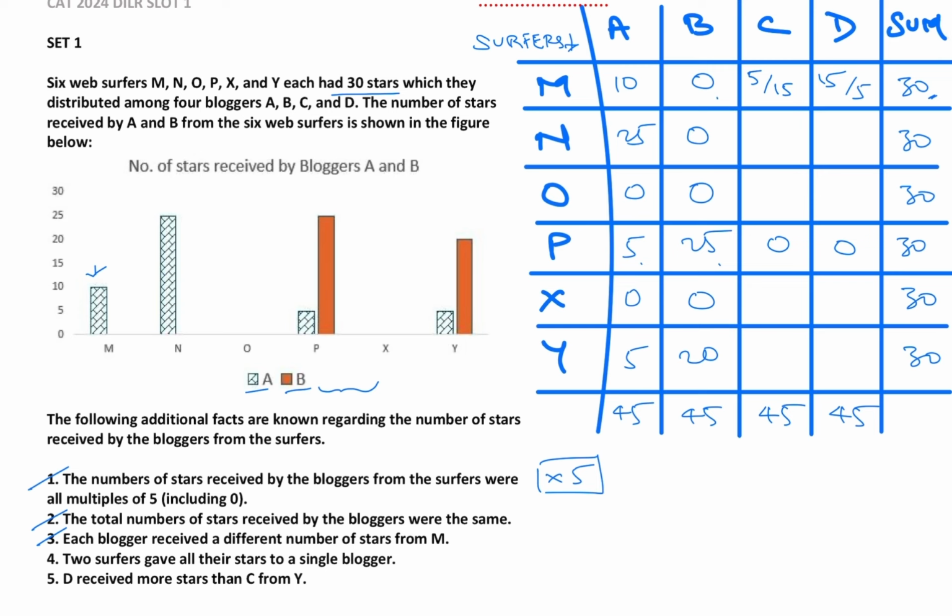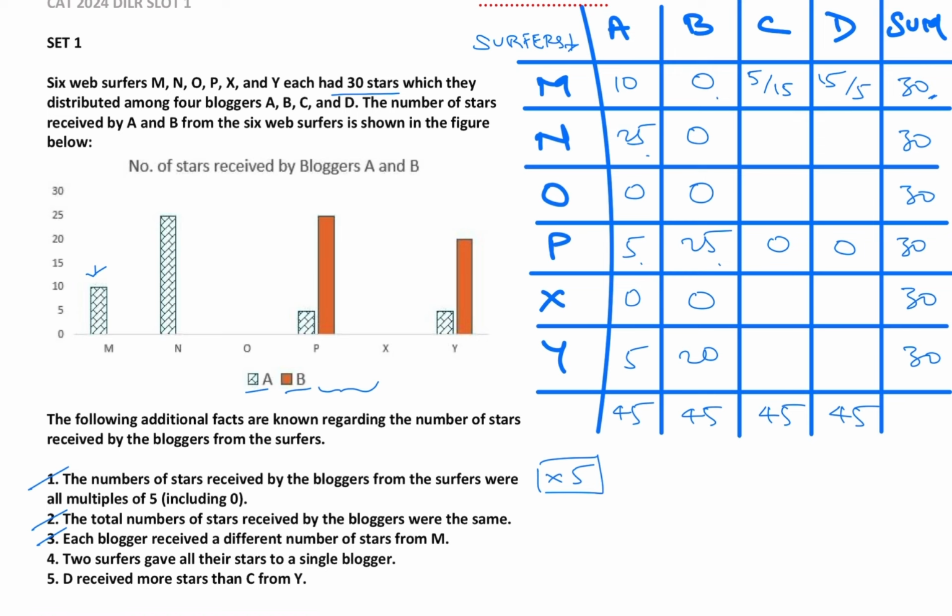Let's look at the next two points. Two surfers gave all their stars to a single blogger. Okay. So let's go to surfer N. Can N give all points to only one blogger? No, it can't. I have already given 25 here, so I need to give out 5 more. So N can't be the surfer. O, yes, O can be.